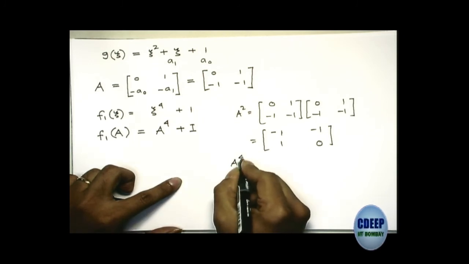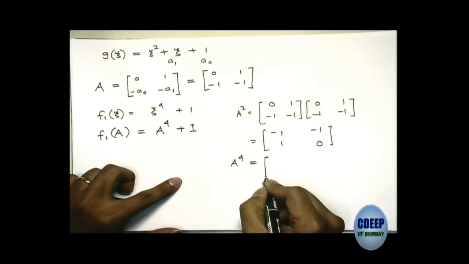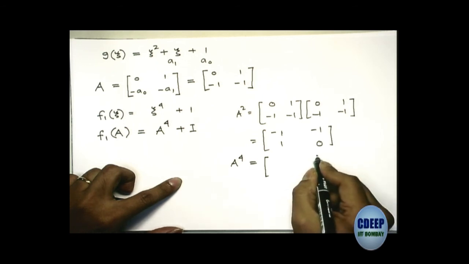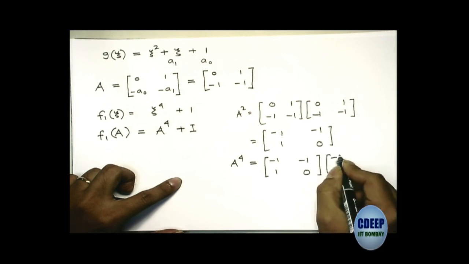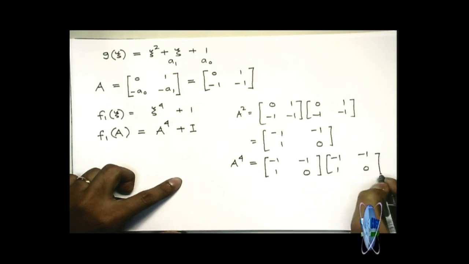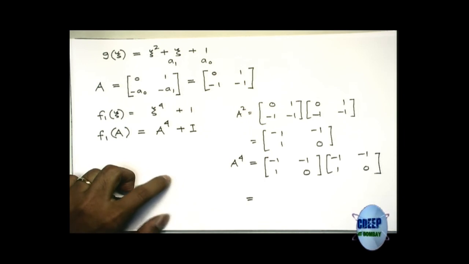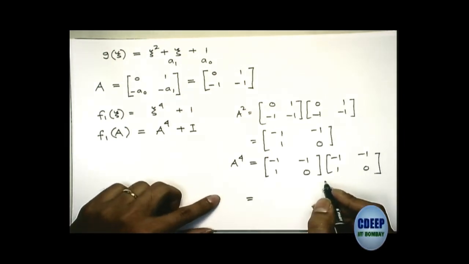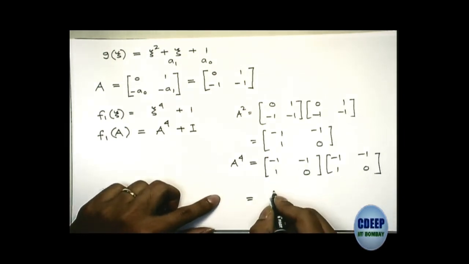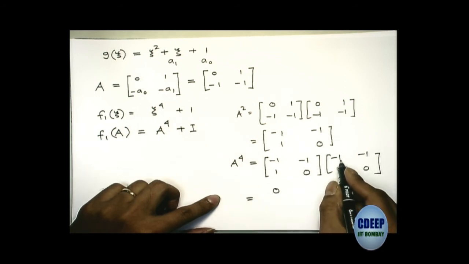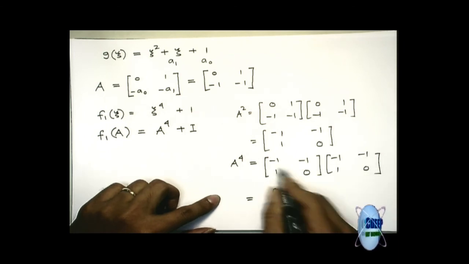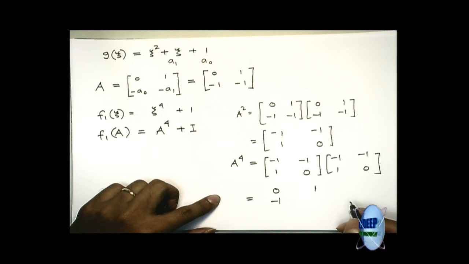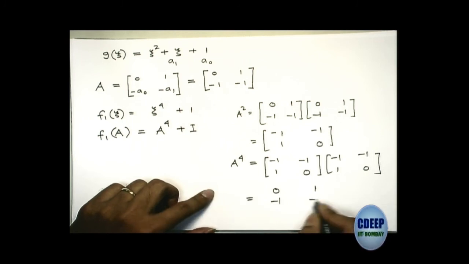A to the power 4 would be this times itself: minus 1, minus 1, 1, 0 times minus 1, minus 1, 1, 0. What is this? This is plus 1 minus 1, 0, and then minus 1 and 0, minus 1 plus 1, and 0, so plus 1, 1, minus 1.